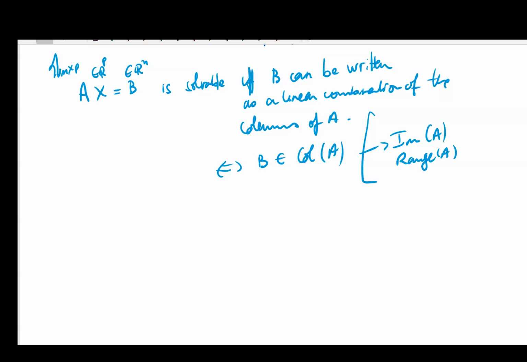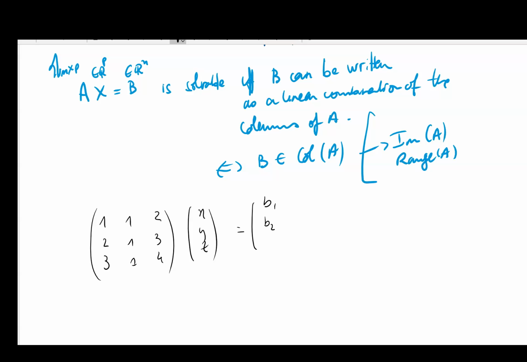Let me take a slightly crooked example. Let me take this matrix with columns (1, 2, 3), (1, 1, 1), (2, 3, 4). We are in R^3, so it acts on (x, y, z) and gives you (b1, b2, b3).